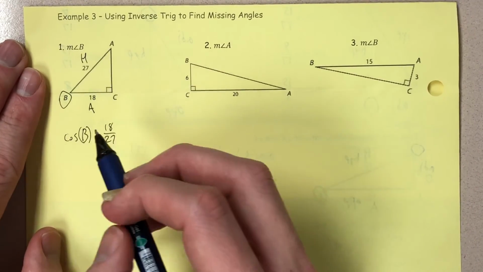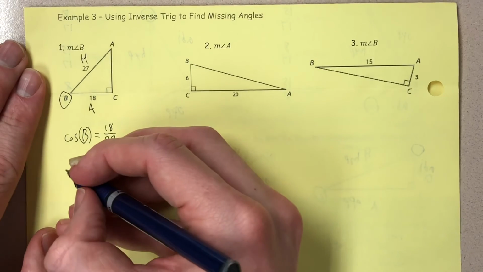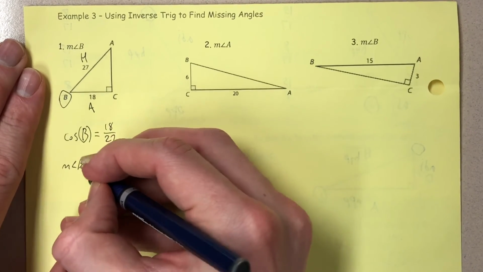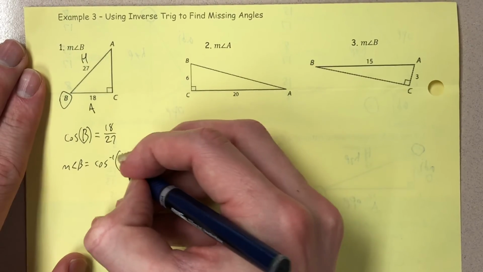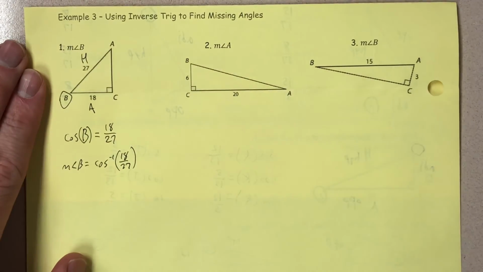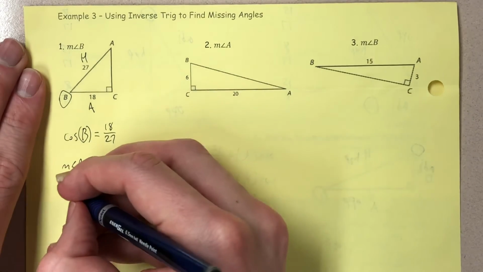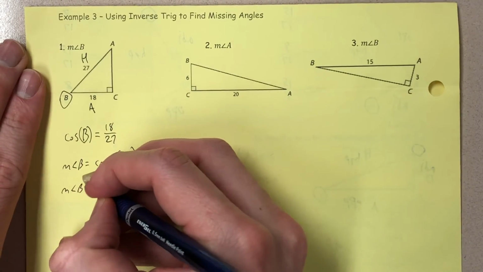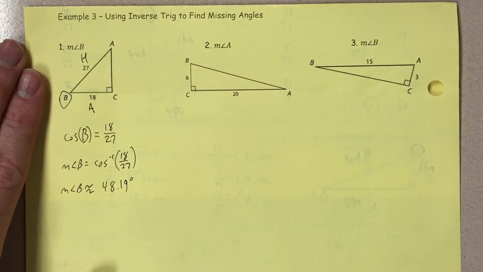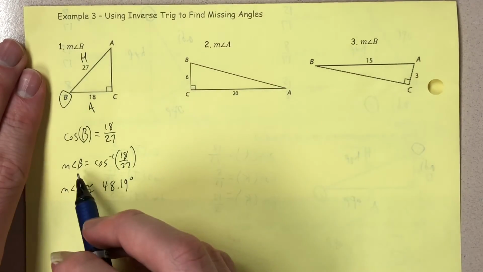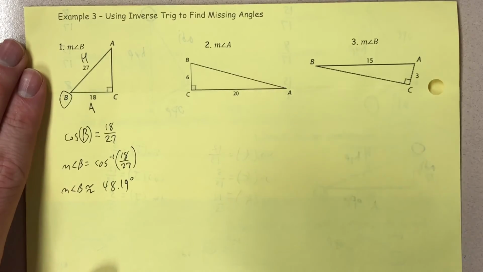Because we have adjacent and hypotenuse, we would use cosine. So then we can say the measure of angle B equals cosine inverse of 18 over 27, and we get an approximate measure of angle B of 48.19 degrees. We can talk about how to type this into your calculator in class.